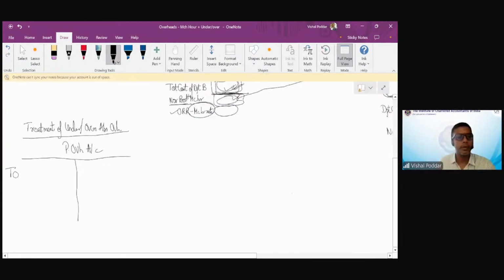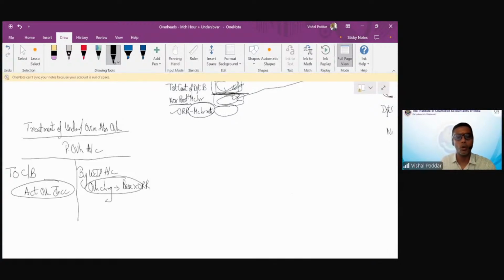In this, debit is to cash, bank, whatever, and this figure represents the actual overheads incurred by you. This entry is being passed regularly as you keep on paying the overheads. Similarly, here you have by WIP account. This represents the overheads charged using your formula, that is base into ORR, what we do in our cost sheet. Now this entry is also being passed throughout the year.